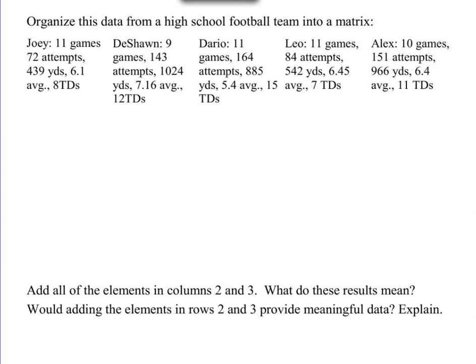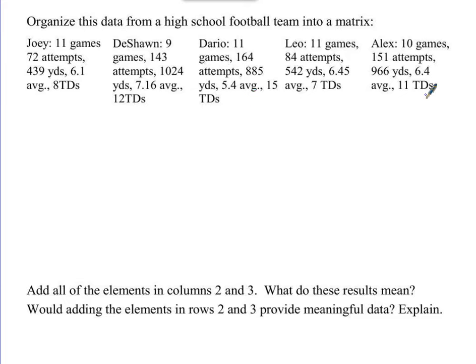So this is an example of how you can set up a matrix given a bunch of data. Basically, think about you're about to enter this into Excel and you want to organize it in a way that makes sense. So we have 5 people, Joey, Deshaun, Dario, Leo, and Alex. And each one of these guys has a bunch of statistic-looking things that they're dealing with.